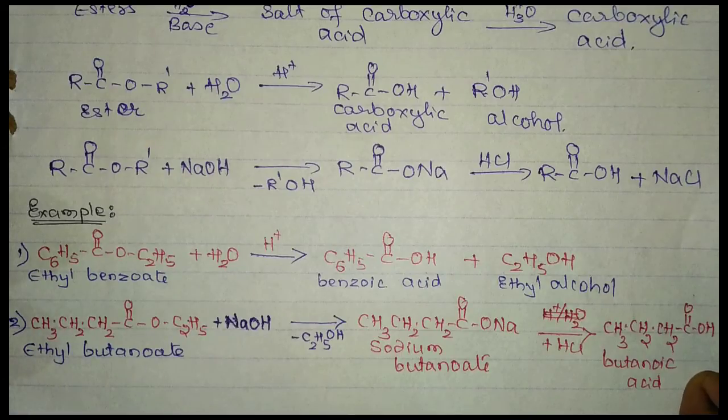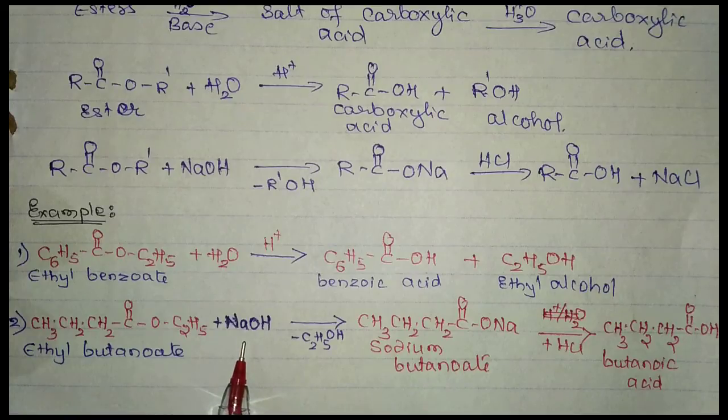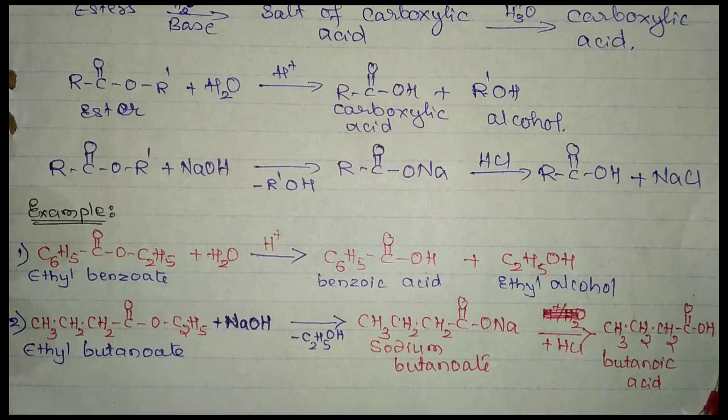Ethyl butanoate on hydrolysis in the presence of base, sodium hydroxide, eliminates a molecule of ethyl alcohol and gives sodium butanoate, which on acidification gives butanoic acid, CH3CH2CH2COOH. This is about the preparation of carboxylic acid starting from esters.